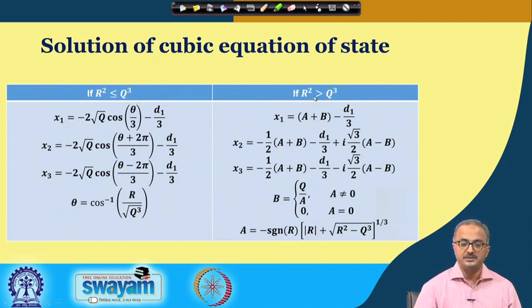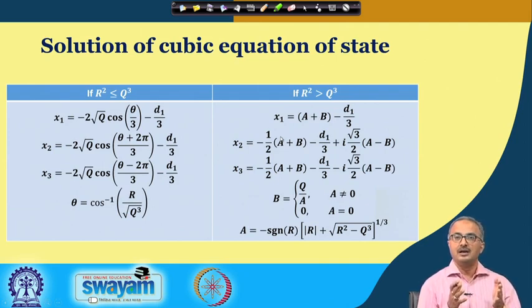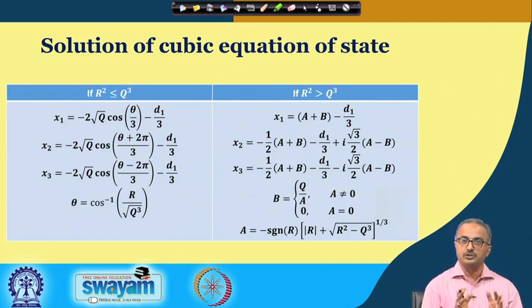If r square is more than q cube, then we have this set of solutions for x1, x2, x3. Again here we have a and b, and these have been defined here. So, we can straight away use this set of solutions for the cubic equation of state.